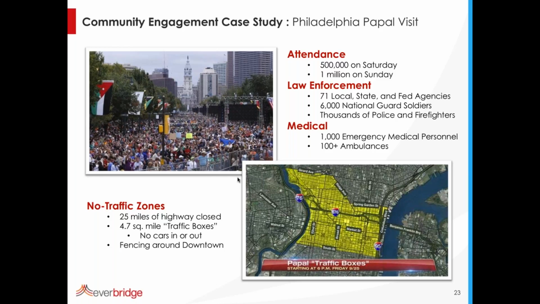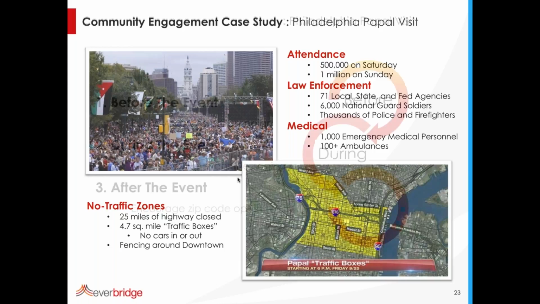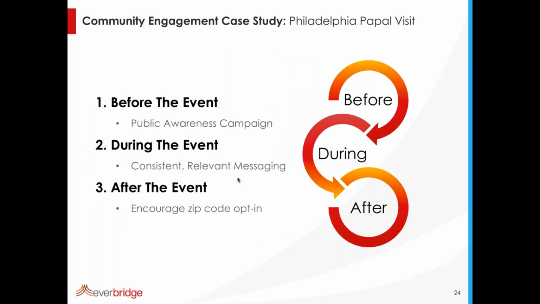But the idea was they wanted a way for residents to be able to opt in to receive information about this particular event. And we worked with the city. We came up with a plan. And our plan usually consists of a campaign before the event, right? Because you want to give residents and visitors time to sign up during the event.